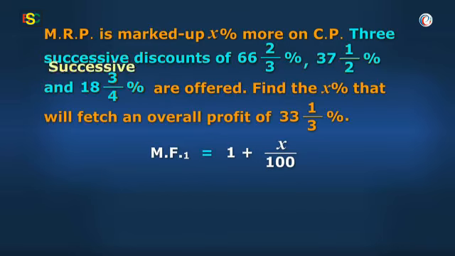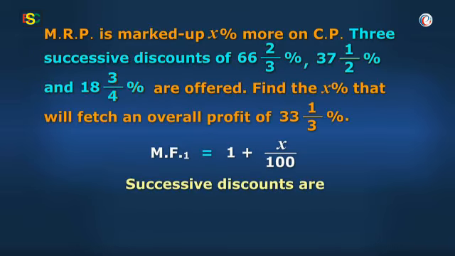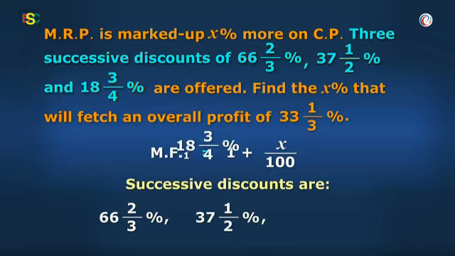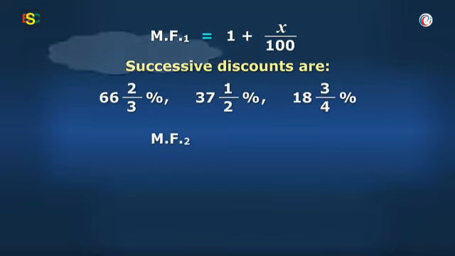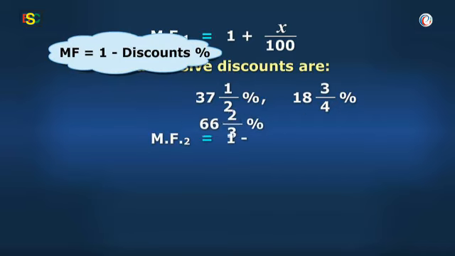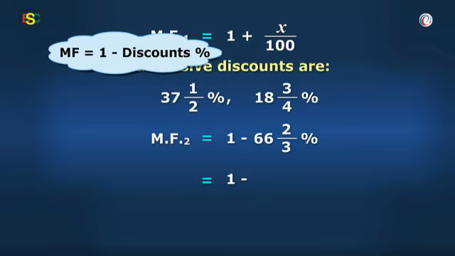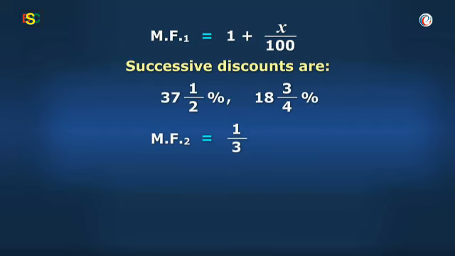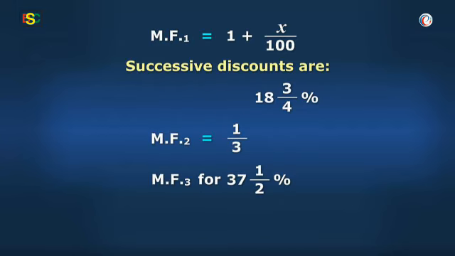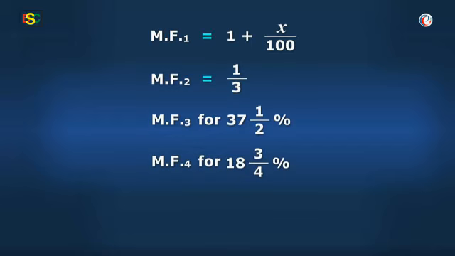Further, 3 successive discounts are offered: 66 2/3%, 37 1/2% and 18 3/4%. So, MF2 will be 1 minus 66 2/3%, equal to 1 minus 200 by 300, that is 1 by 3. Similarly, you can determine MF3 and MF4, Vidya.